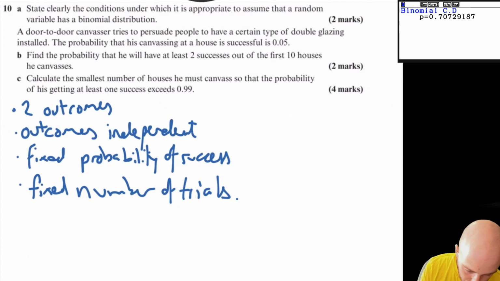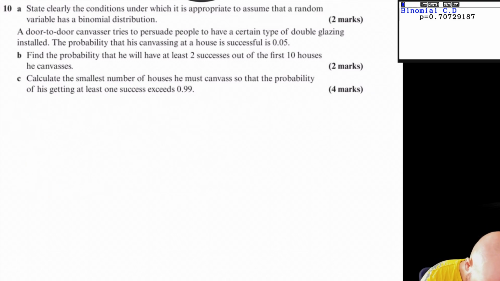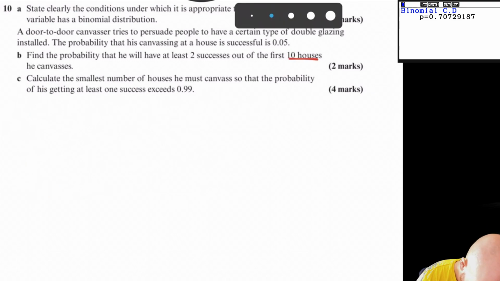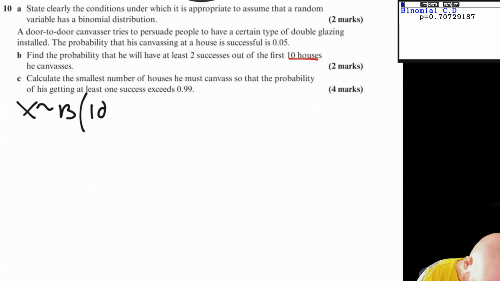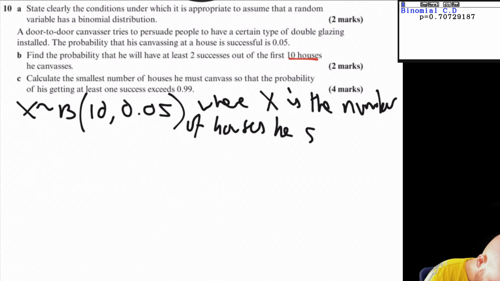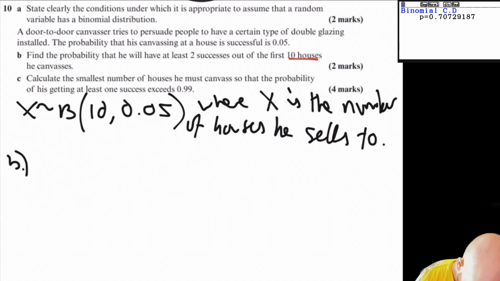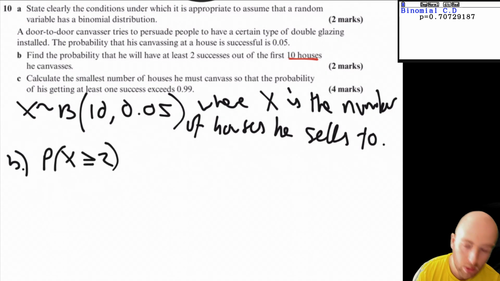Okay, so a door-to-door canvasser tries to persuade people to get double glazing. The probability that his canvassing is successful is 0.05. And we're told here the first 10 houses. So X is B(10, 0.05), where X is the number of houses he sells to. So we want to find the probability he'll have at least 2, so the probability X is greater than or equal to 2.